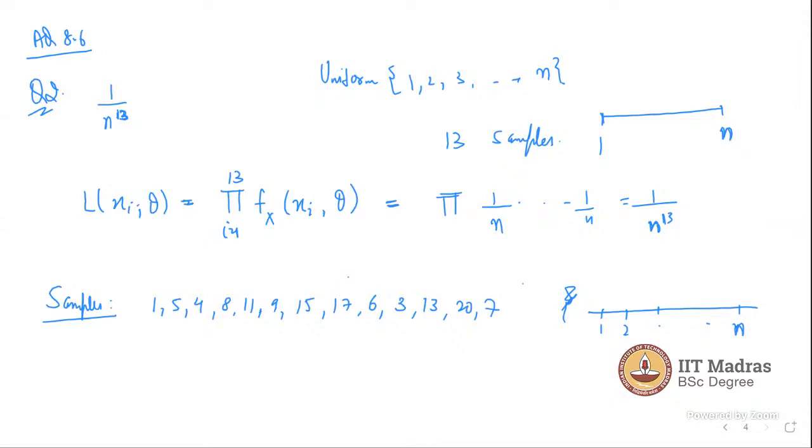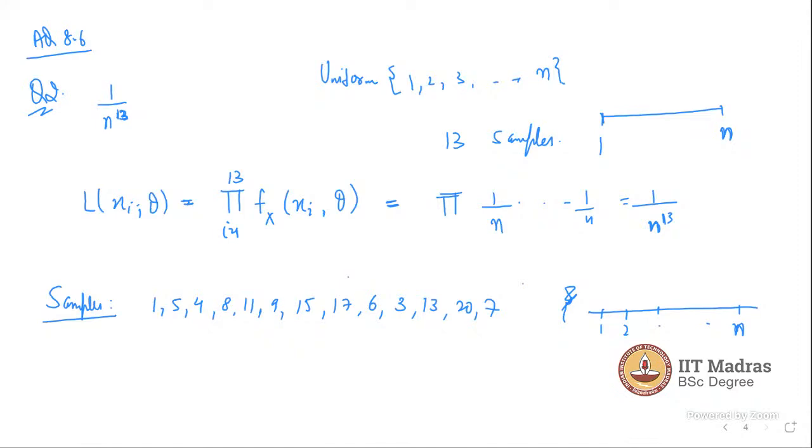Okay, again, the same logic you'll have to use here. In this case, you have X to be uniform between A and B. And what is the distribution function when X is continuous between A to B? It is 1 upon B minus A, right? Yes, ma'am.